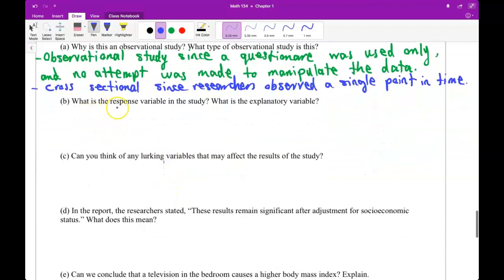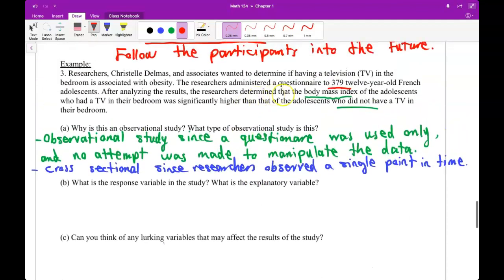Part B, what is the response variable in this study? What is the explanatory variable? In other words, what is our outcome and what do we control here? So the response, or the outcome, is body mass index, and the explanatory variable, or what we control, is whether a TV was in the room or not.